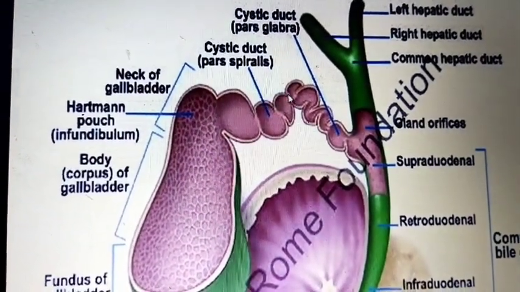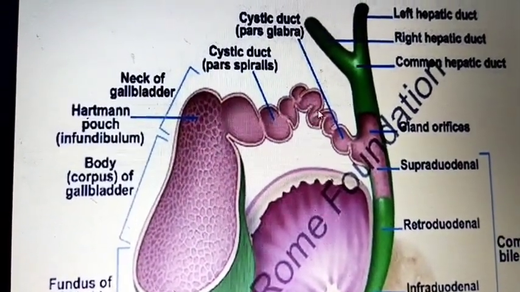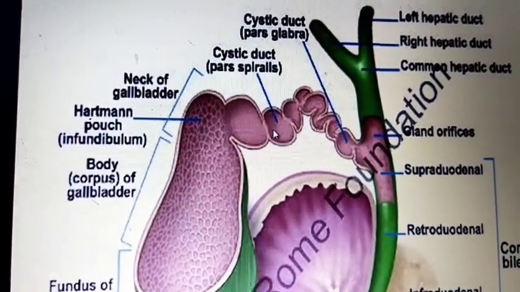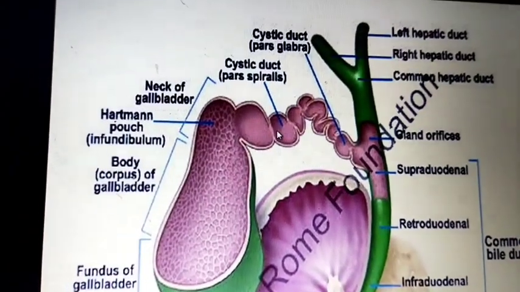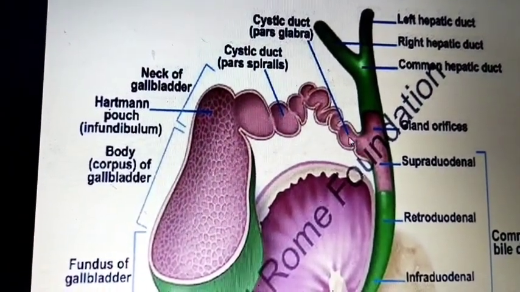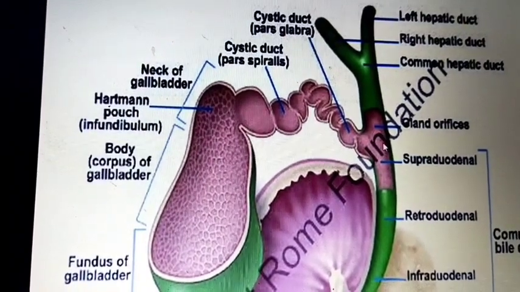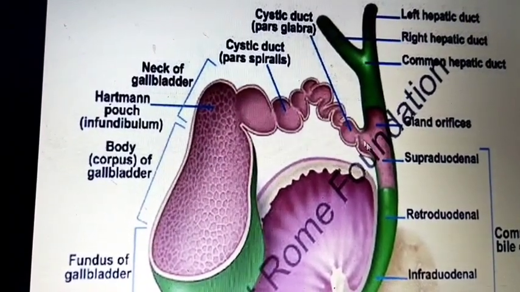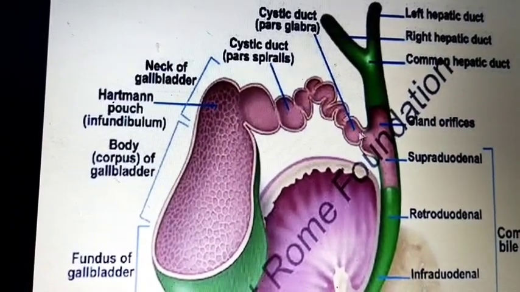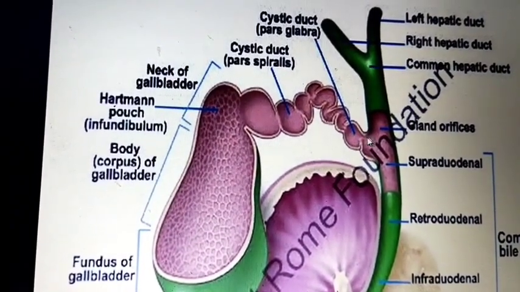You can see here the spiral valves like this. These mucosal folds are called pars spiralis, and towards the common hepatic duct there are longitudinal folds, which are called pars glabra.